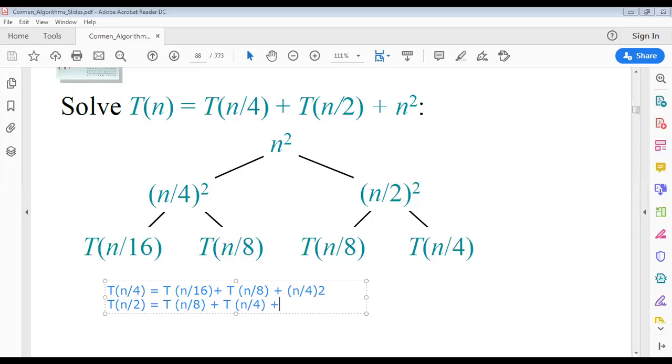Plus Cn square, so it should be n by 2 square.